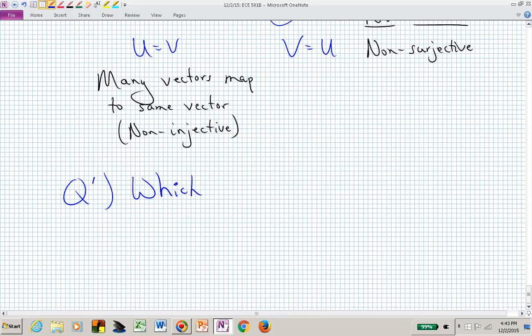We want to know what's the best W hat. We might have many W hats that give us a result. Which of many possible best estimates W hat should we select or pick?